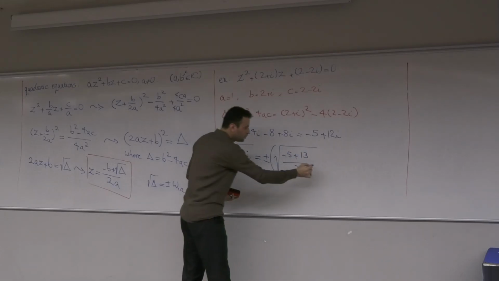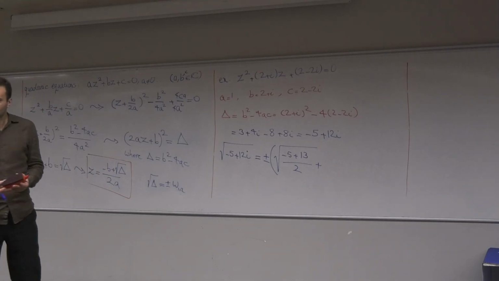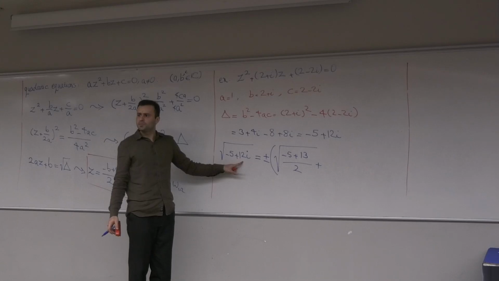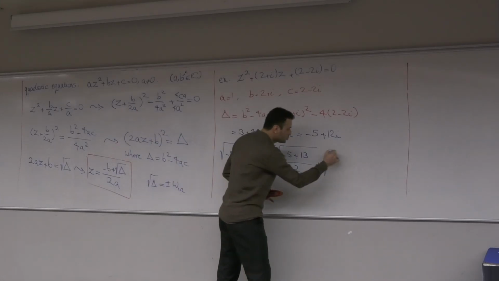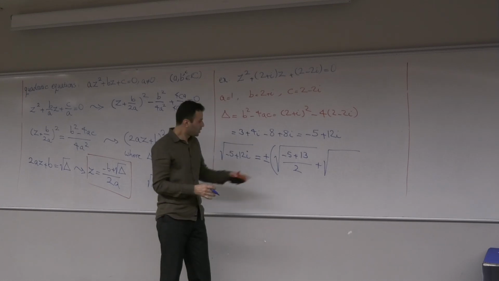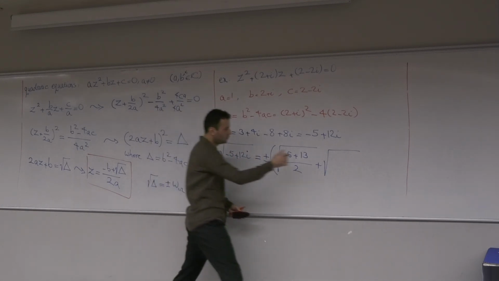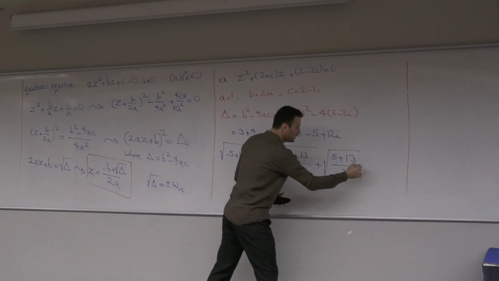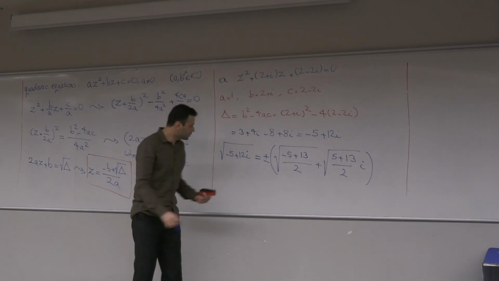Divided by 2 plus, what do I need to write for the next? Sign of this B. What is the sign of B? Positive, so it is going to be positive. Square root of what? Minus A, which is going to be minus minus 5, which is 5 plus 13, divided by 2, multiplied by this I. Can we make this simpler?